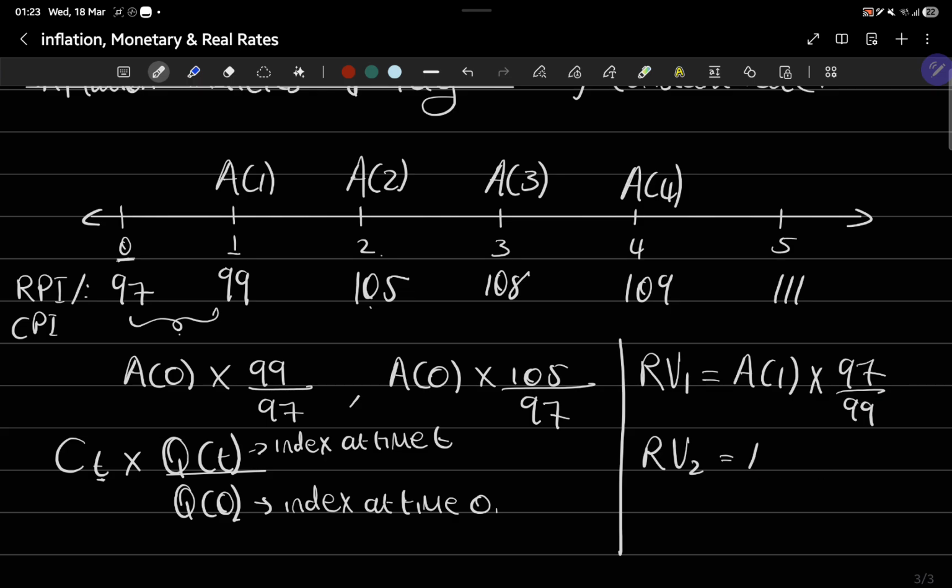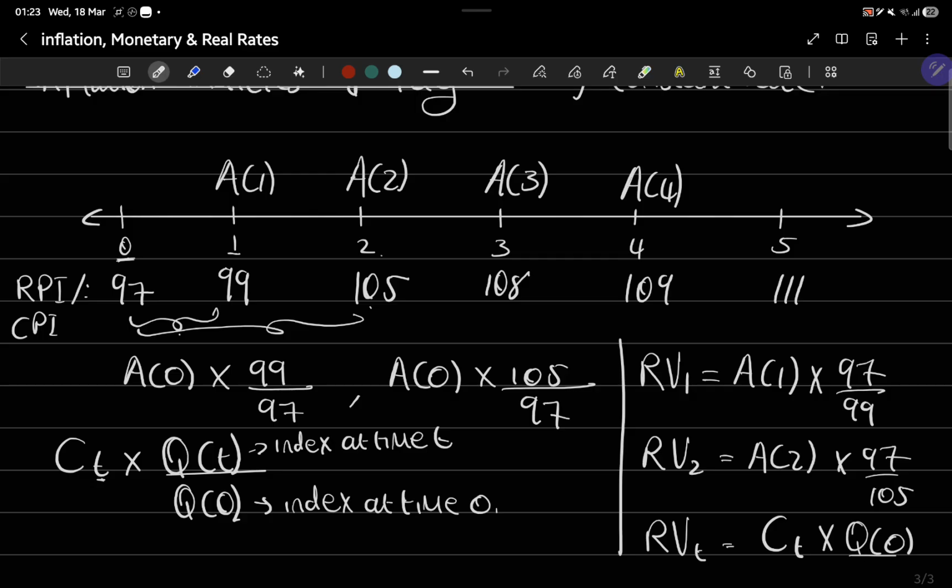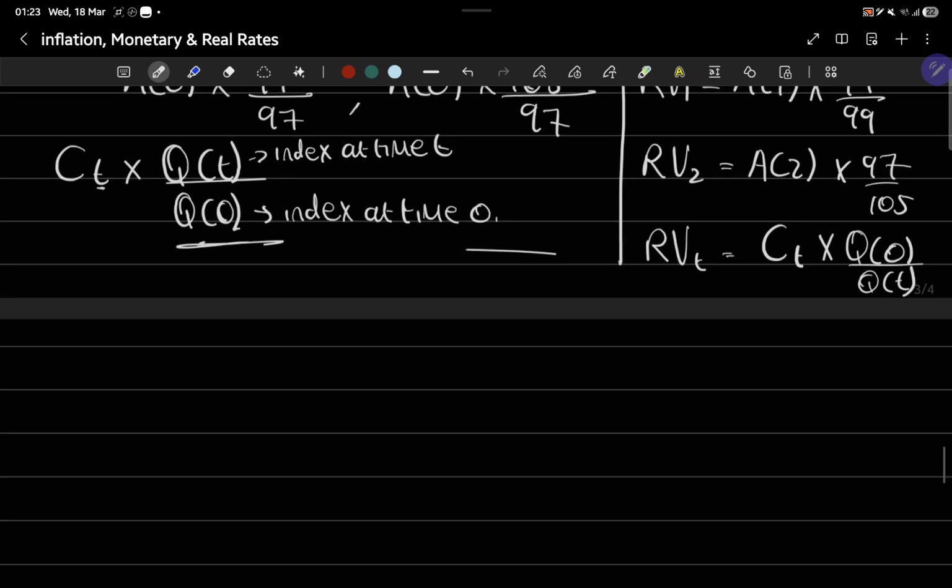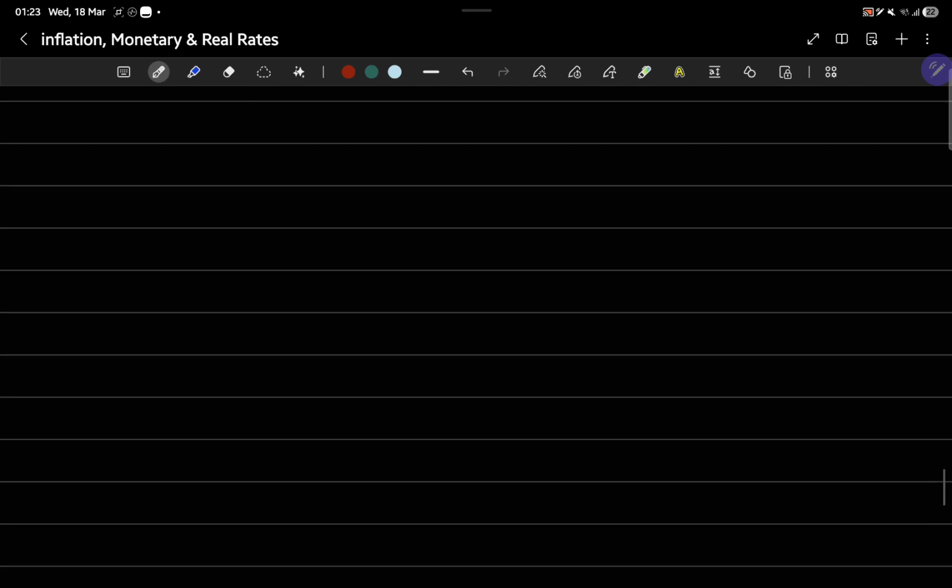The real value for 2 is A2 times 97 over 105, discounting the growth due to inflation in this period. In general, the real value at time t is equal to the monetary value at time t times the value of the index at time 0 over the value of the index at time t. So in other words, you just reverse this to get the real values. Okay, cool. I hope that makes sense so far.